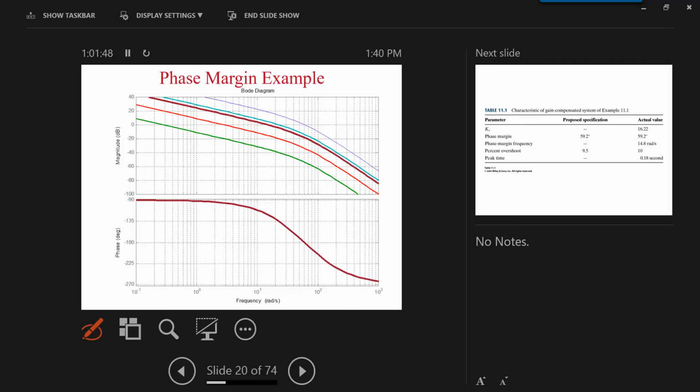If I look at 60 degrees, this is 90 and this is 45. It is approximately somewhere here, so this is the frequency.